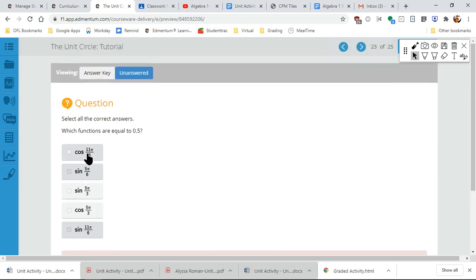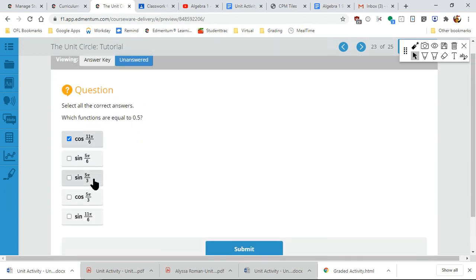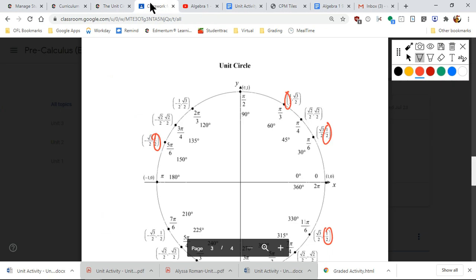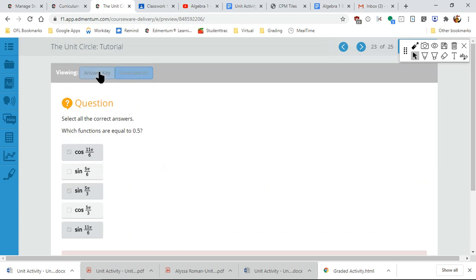Incorrect. Which one am I missing? Cosine at 11. Oh, derp. I forgot the other cosine. There's a cosine right here. Wait, what? All right, 11. Why isn't this one it? Oh, this one isn't it.